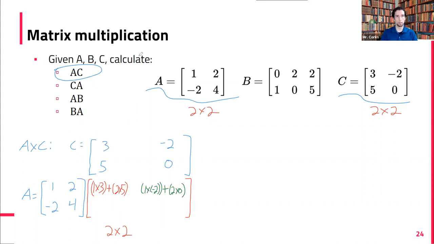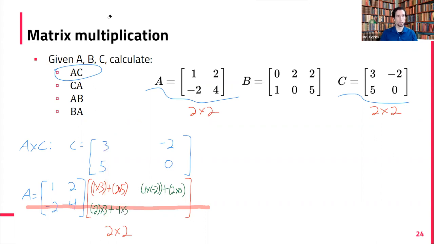Now we have to go on to the second row. Let's go back to red. Second row of the first matrix, and now again times the first column of the second matrix. So our numbers here: -2 multiplied by 3, so -2 times 3 plus 4 multiplied by 5.